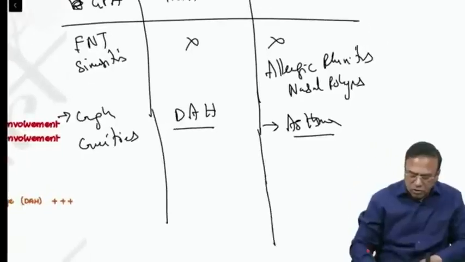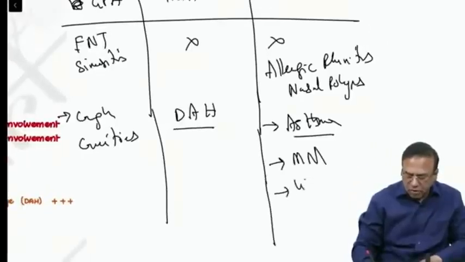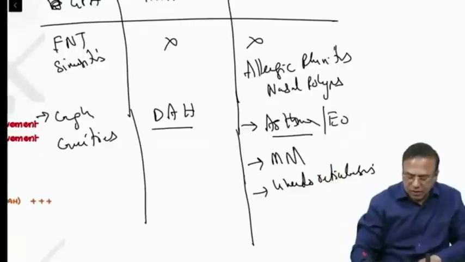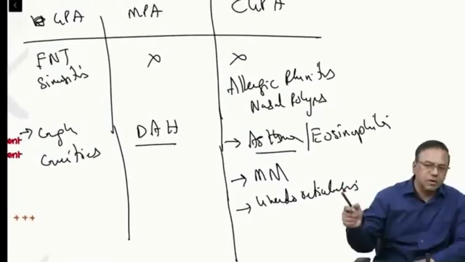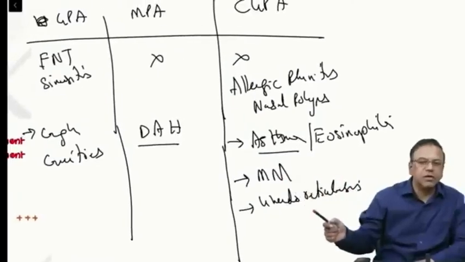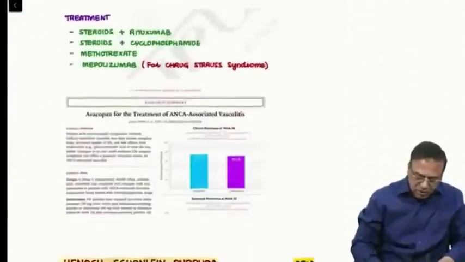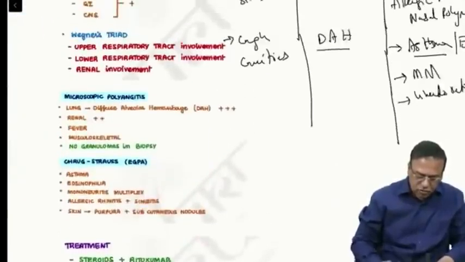In general, a lot of things look like PAN over here, like mononeuritis multiplex or livedo reticularis. But the difference is PAN does not come with asthma and does not have eosinophilia. So a lot of PAN-like features you can get in patients with EGPA. Mononeuritis multiplex can occur, livedo reticularis can occur, but you don't see asthma and eosinophilia. So these are the differentiating features that you should focus on.